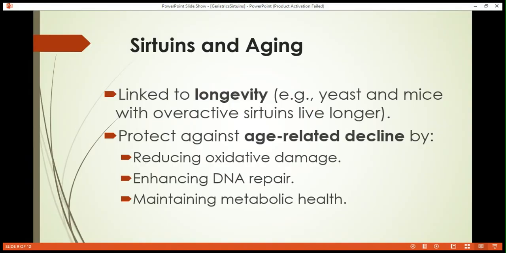They discovered that yeasts and mice with overactive Sirtuins lived longer. So in conclusion, they concluded that Sirtuins protect against age-related decline by reducing oxidative damage, enhancing DNA repair, and maintaining metabolic health.